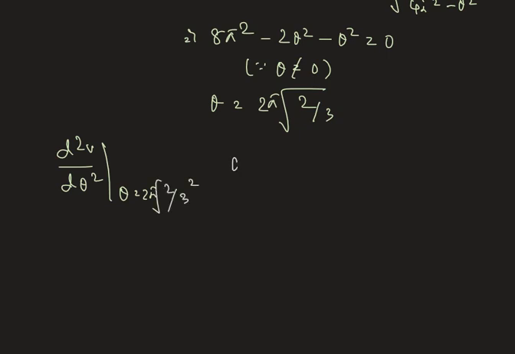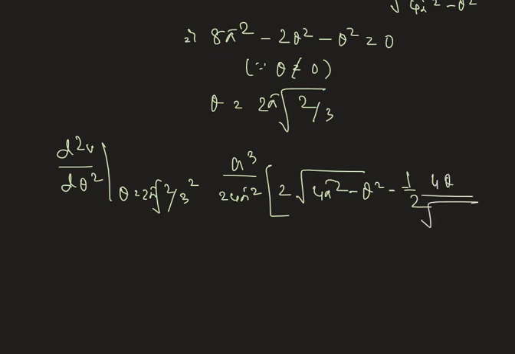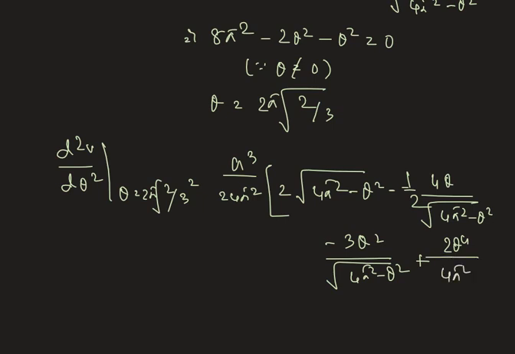We get a cube divided by 24 pi square times 2 root over 4 pi square minus theta square, minus 4 theta divided by root over 4 pi square minus theta square, minus 3 theta square root over 4 pi square minus theta square, plus 2 theta to the power 4 divided by 4 pi square minus theta square whole to the power 3 by 2.